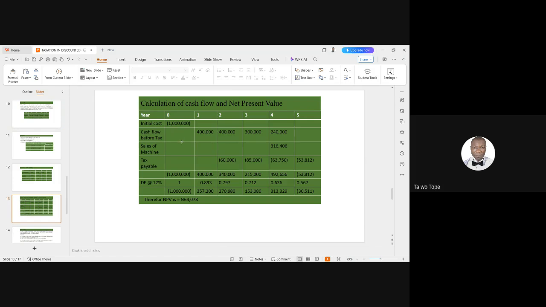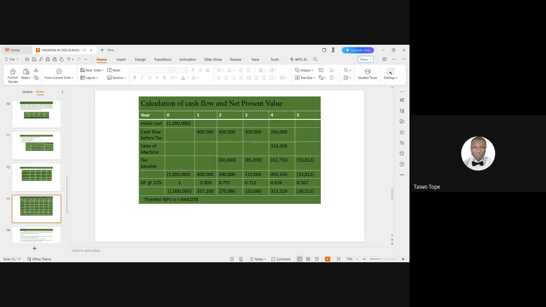So 1 million will be the balance here, and 400,000 will be the cash flow that you have to determine your 12% discount factor on. And in year two, we have the tax liability to be deducted from 400, and you have 340,000 as your net cash flow.